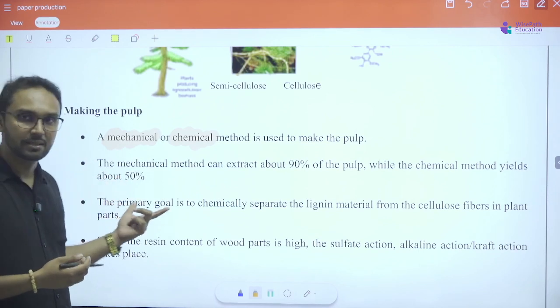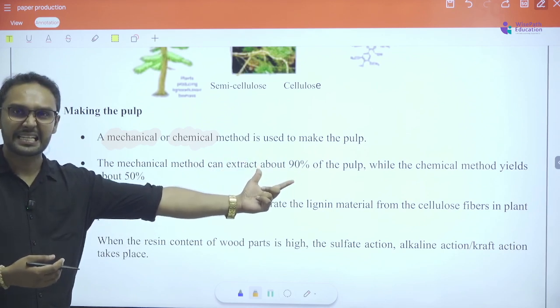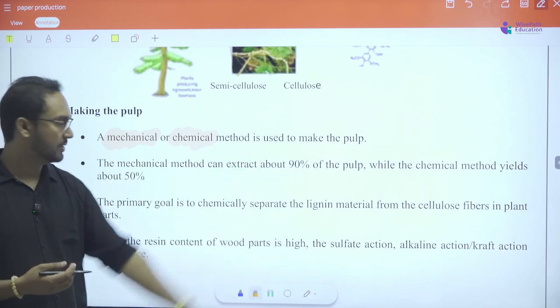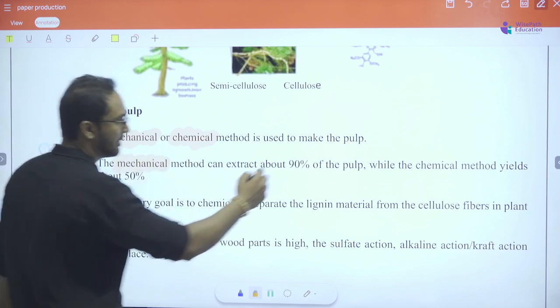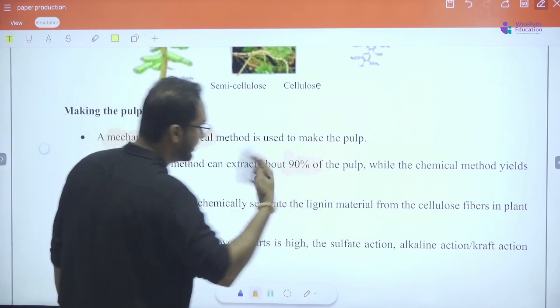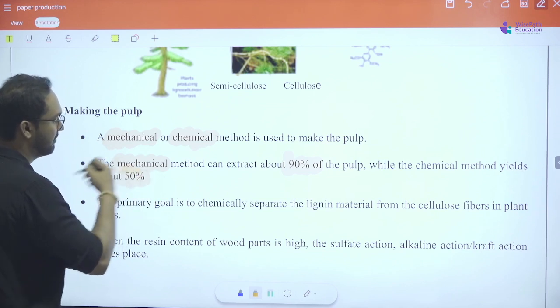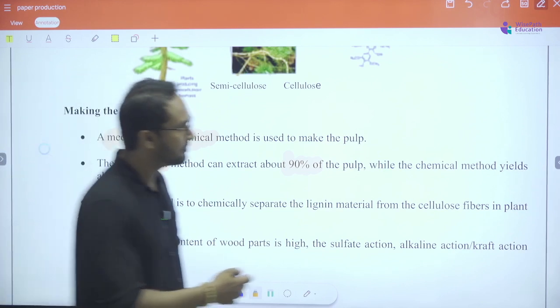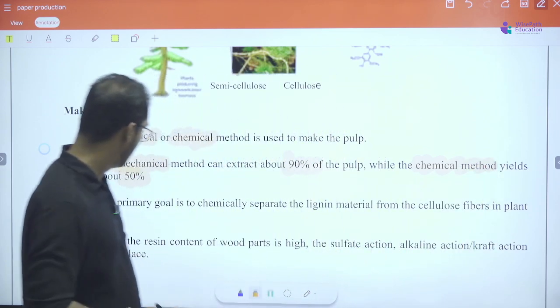Only 50% is removed, but compared to it, in the mechanical method, 90% of lignin is removed. So the mechanical method removes 90% of the lignin, while the chemical method only removes about 50%, right?